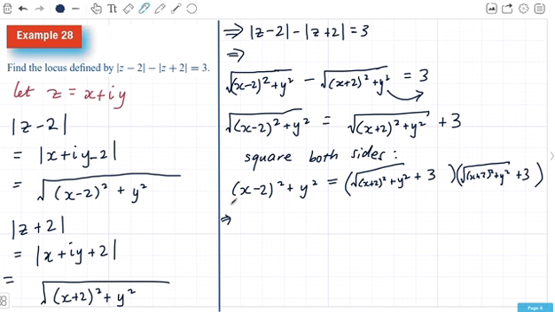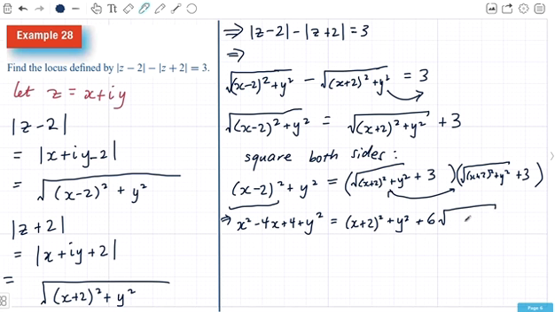So x minus 2 all squared would be x squared minus 4x plus 4 plus y squared. Here, the 2 square roots together will cancel out the square roots. So that's nice. Here we get 3 of these square roots, and we'll get another 3, so altogether we've got 6 of them. That's annoying, because it didn't go away. And we'll get 9 with the 2 3's together.